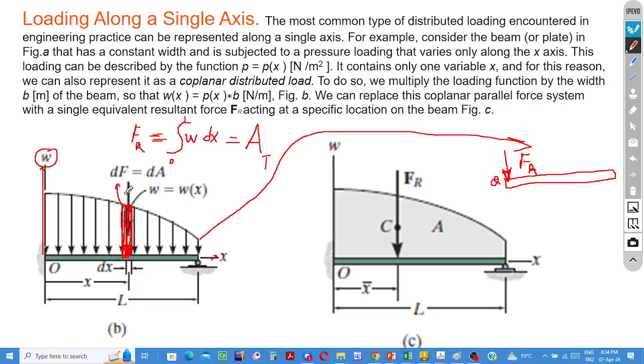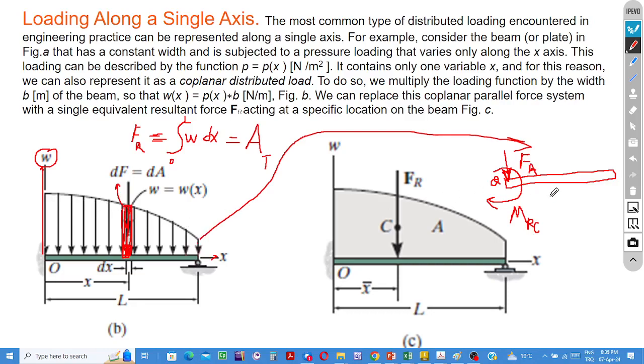If we consider the rotation effect of each of the elements of this distributed load system with respect to point O, we obtain a resultant couple moment M. It represents the rotation effects of the forces in the given force system.